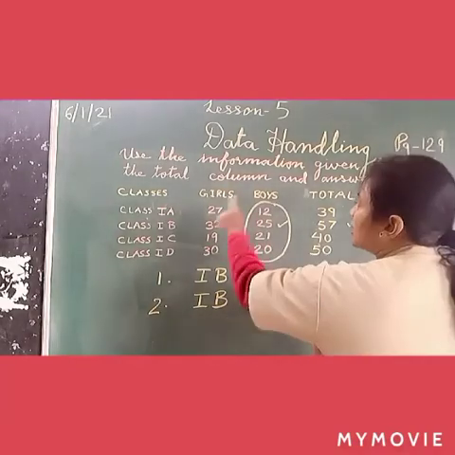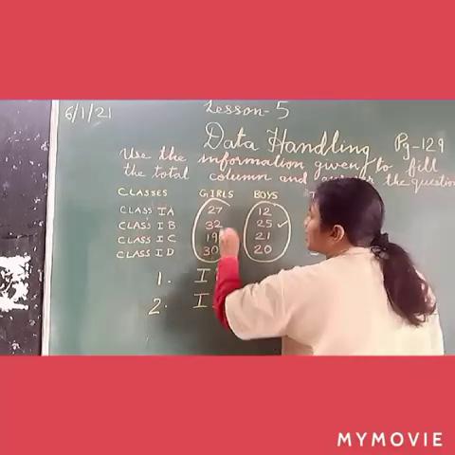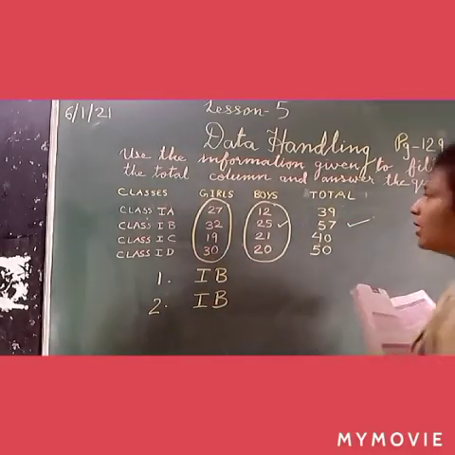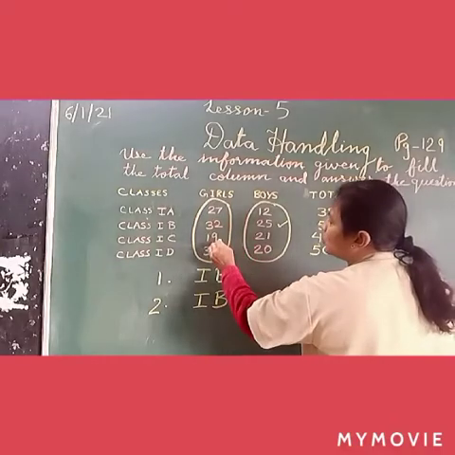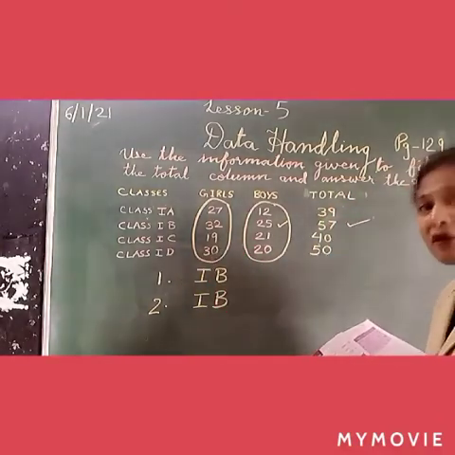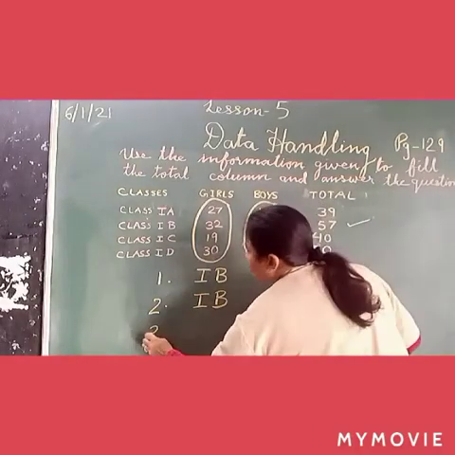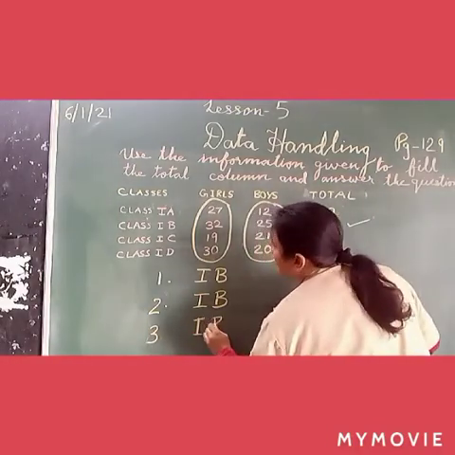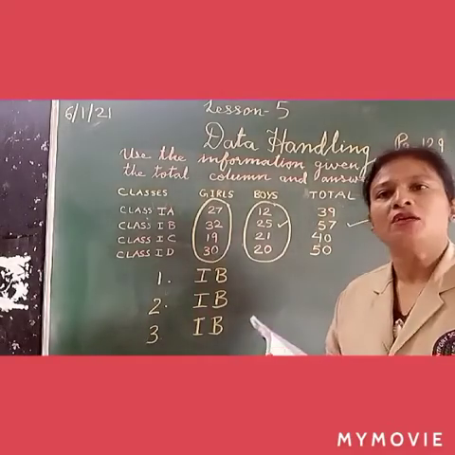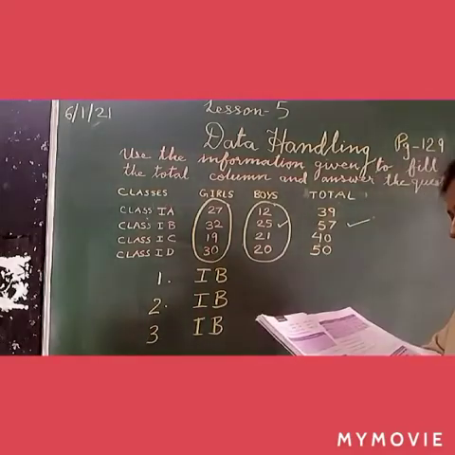You will come to the girls column. See which is the maximum, biggest number among 27, 32, 19 and 30. Yes, you are right. It is again 1B. So we are writing in the third question 1B.